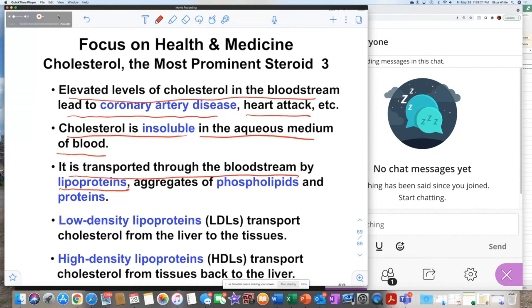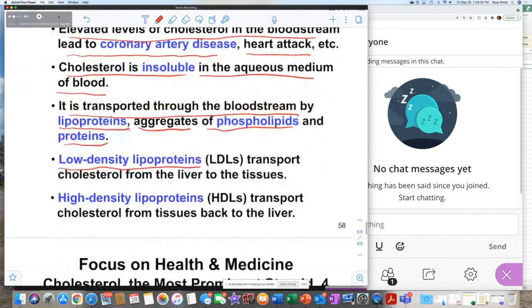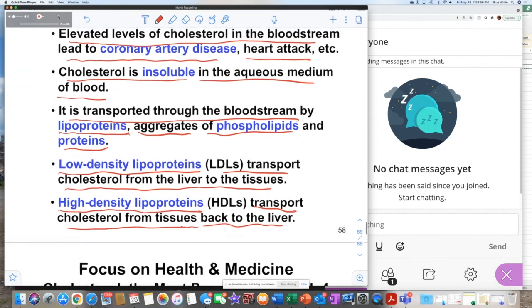It's round, and it encapsulates whatever it is transporting. Okay, so in this case, cholesterol is transported by lipoprotein aggregates of phospholipids and proteins. Low density lipoproteins, LDL. Remember when you have that blood test, your doctor tells you about your LDL? So the LDLs, low density lipoproteins, transport cholesterol from the liver to the tissues. The HDLs, that's why they monitor these two numbers, transport cholesterol from the tissues back to the liver.